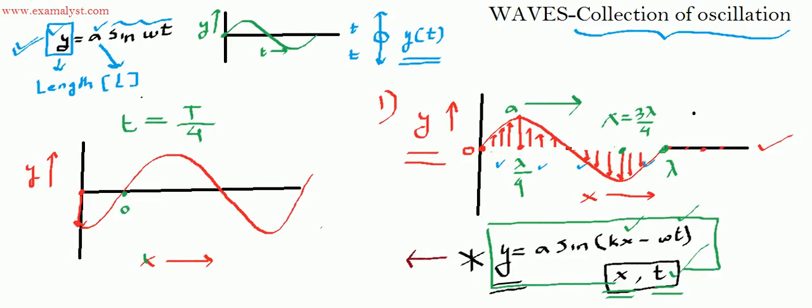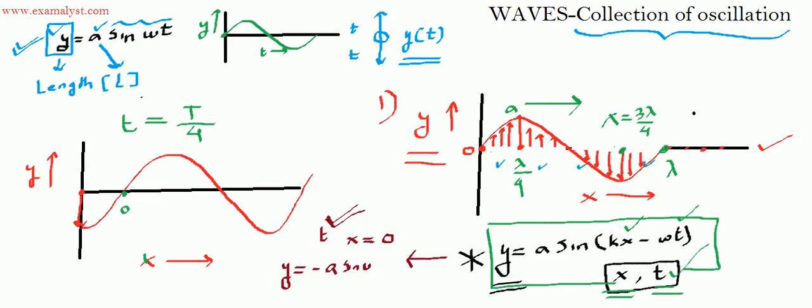at time t equals to 0, now say let the time happen, and look at the particle at x equals to 0. Look at the particle at x equals to 0. If you look at the particle at x equals to 0, then it obeys the equation minus a sine omega t.